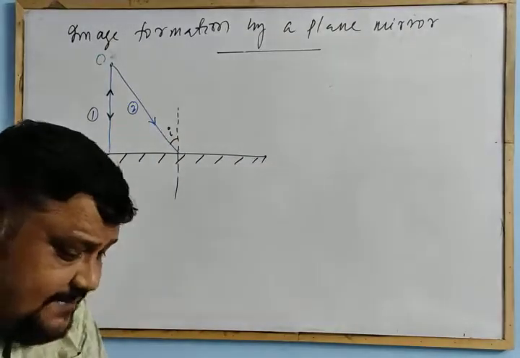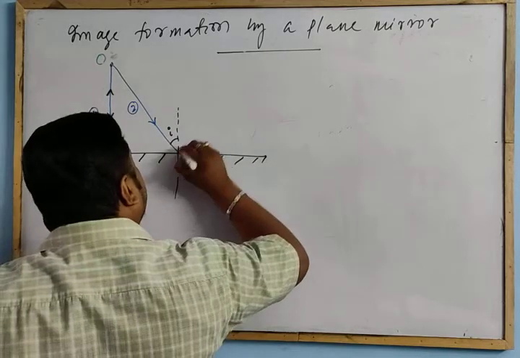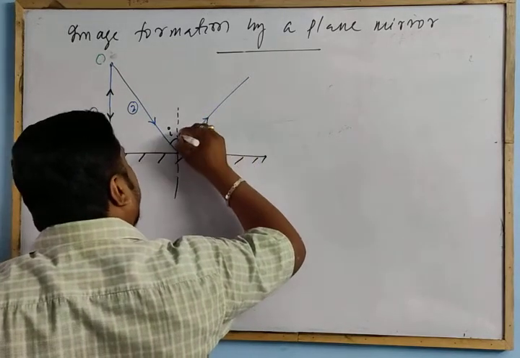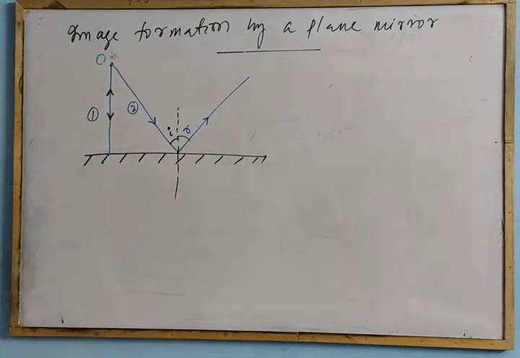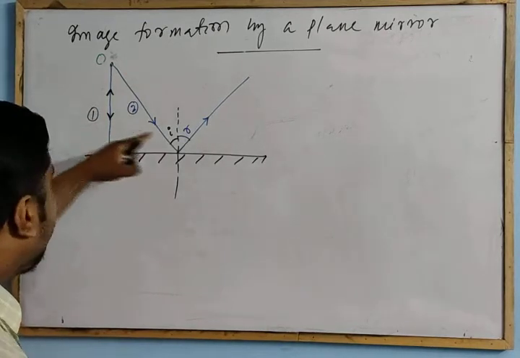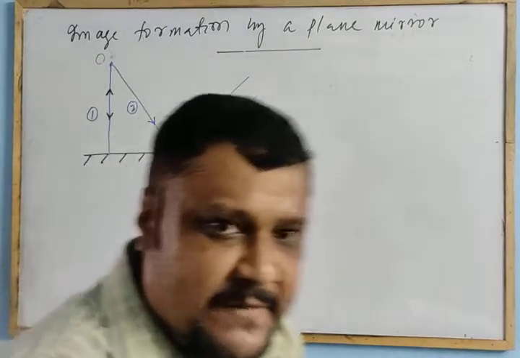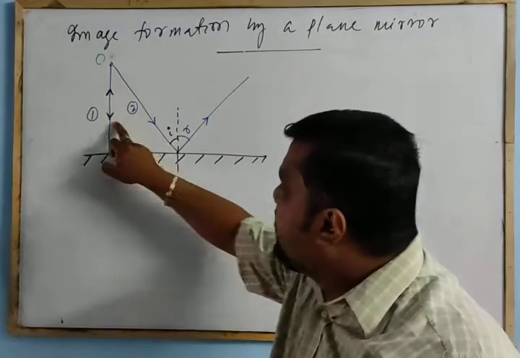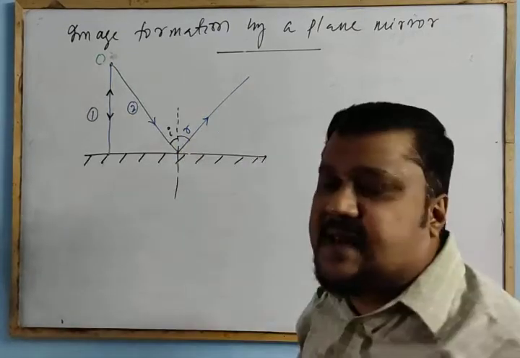So this is the reflected ray. This is the incident ray and this is the reflected ray. So I got two reflected rays for two incident rays. One is along this path, the other one is along this path.